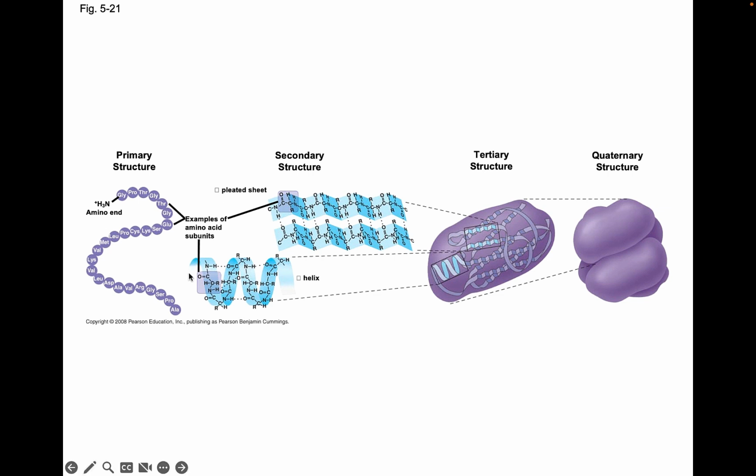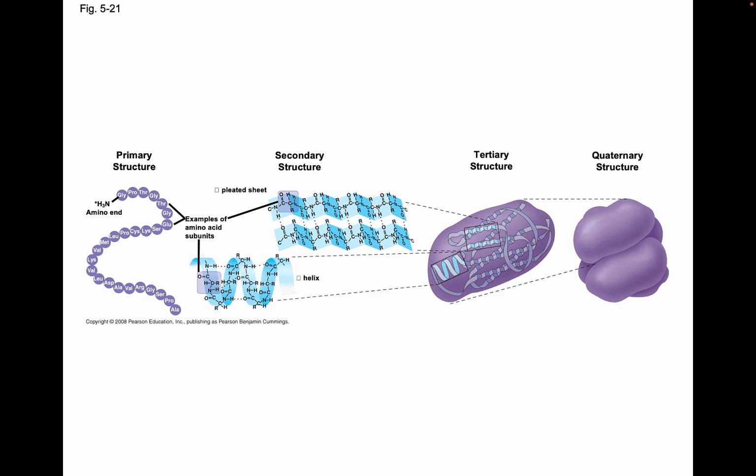Then the secondary structure is these interactions between the hydrogen bonds here, forming either this structure, which we call an alpha helix, and this structure here, which is a beta pleated sheet. You see the beta pleated sheet kind of looks like a folded up piece of paper, and the interaction between the bonds of these different groups, hydrogen bonds, and in some cases even covalent bonds, gives this beta pleated sheet very strong nature.